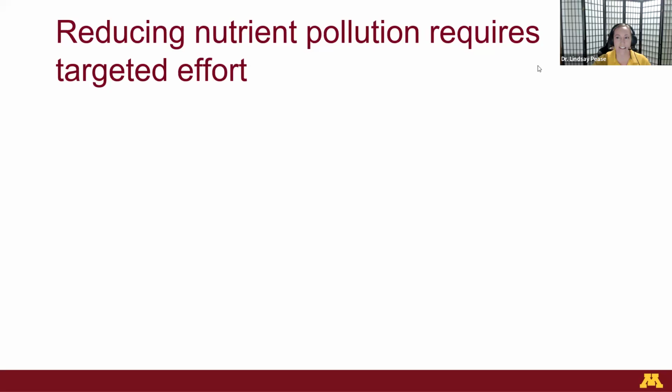One of the things that I think is really important is that reducing nutrient pollution requires a targeted effort. If you try to go out there and say, everyone on the landscape needs to do one practice, and this one practice will save all the waterways in the United States, we know that's not true.